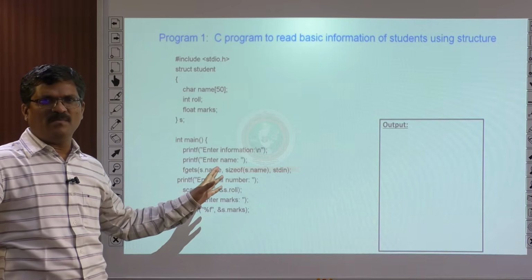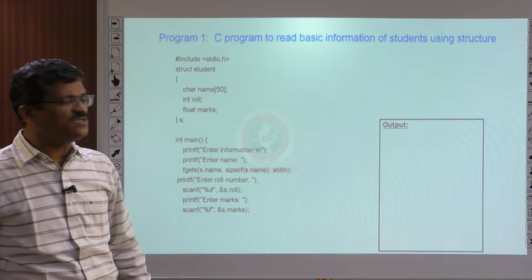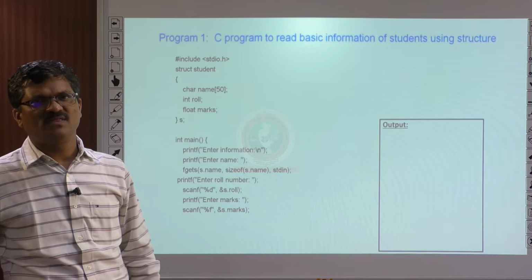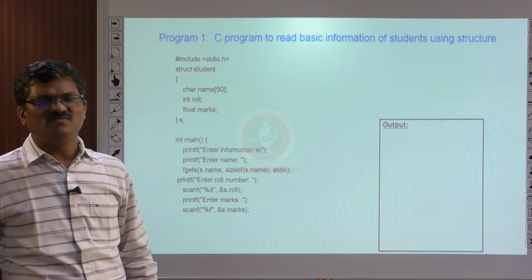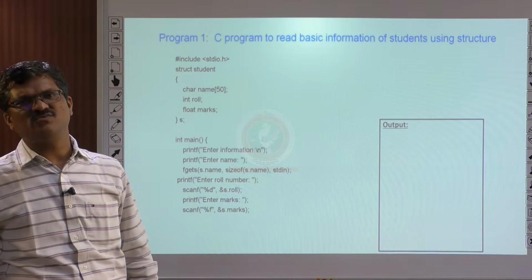So the main program where we enter the information of a student, enter the name. You can use fgets if at all you are familiar with fgets, you can use it.